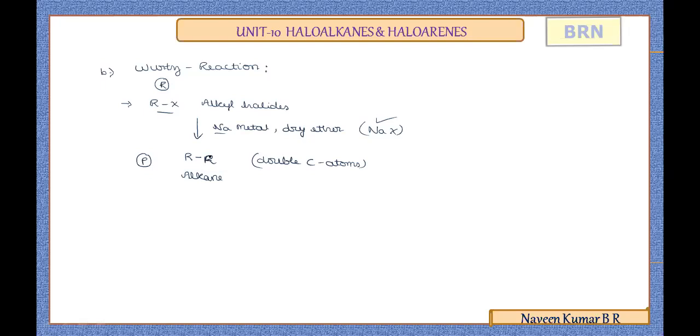Like that, double the number of carbon atom containing alkane you are going to see as a product in the Wurtz reaction as alkane. So this will be one more question. The metal used is sodium in presence of dry ether, and the significance of the product is that the product obtained will have double the carbon atoms when compared to the parental alkyl halide.